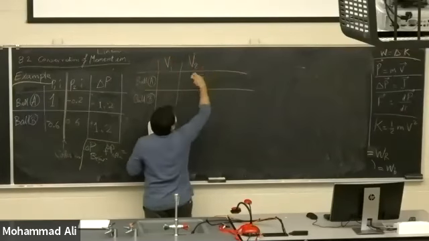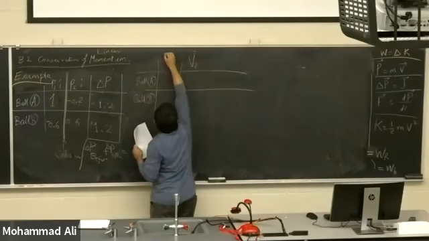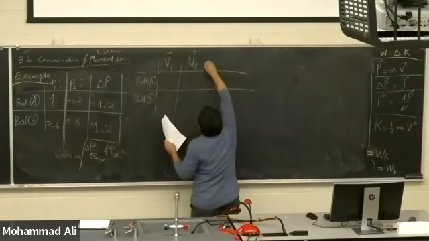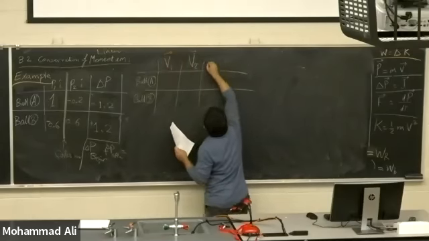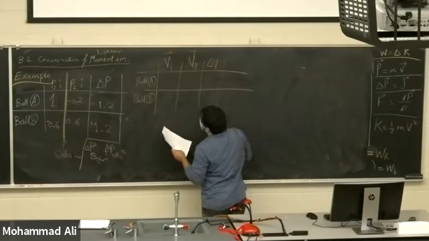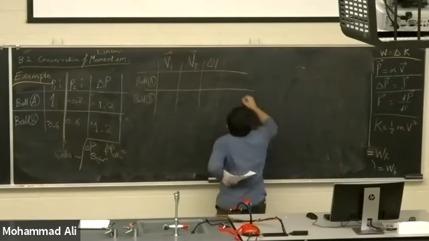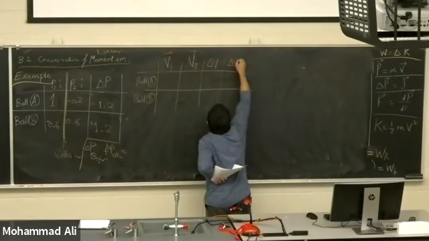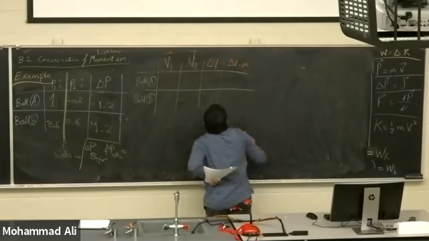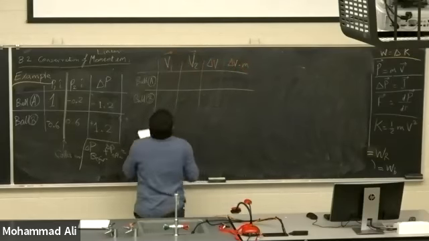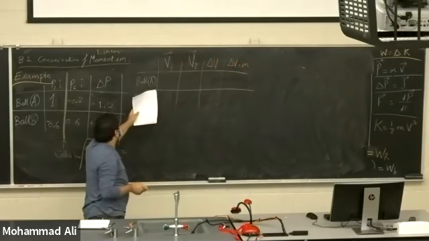This is the velocity after. This is the change in velocity. And this is the change in velocity multiplied by the mass. The velocity before for ball number A is 2 I.